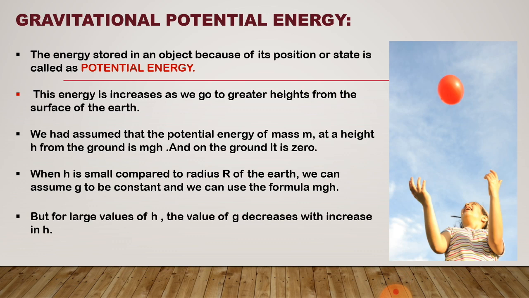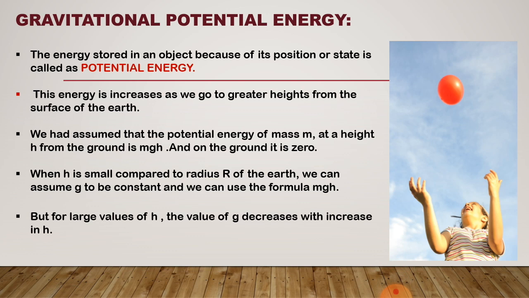We had assumed that the potential energy of mass m at a height h from the ground level is mgh. What is m? m is mass, small g is acceleration due to gravity, h is height, and on the ground it is 0.